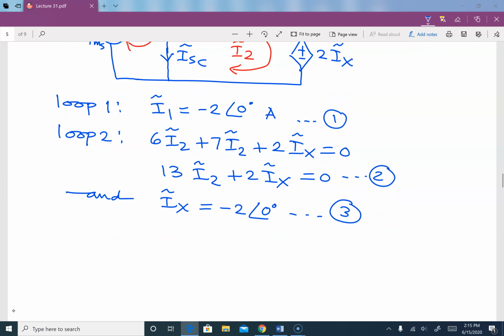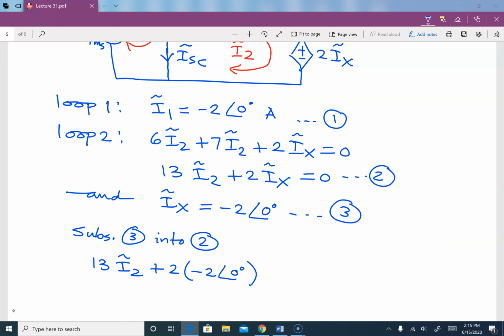So now if we substitute 3 into 2, this is what we are going to get. Or you can put that in matrix form, that is okay too. So substitute equation 3 into equation 2. Then we will get 13I2 plus 2 times negative 2 with angle 0, and that is equal to 0.